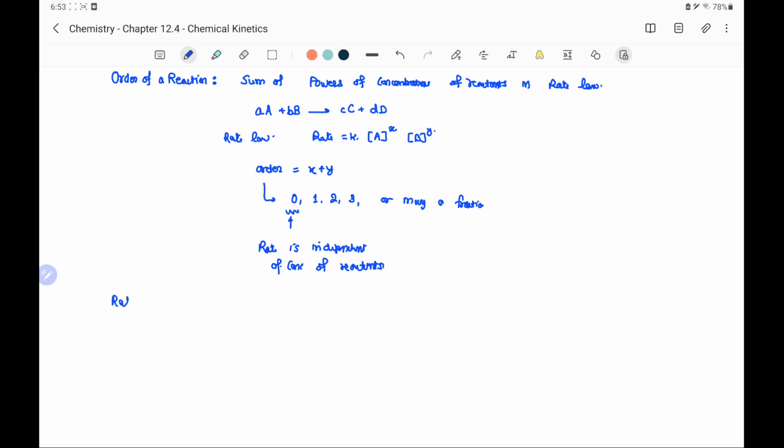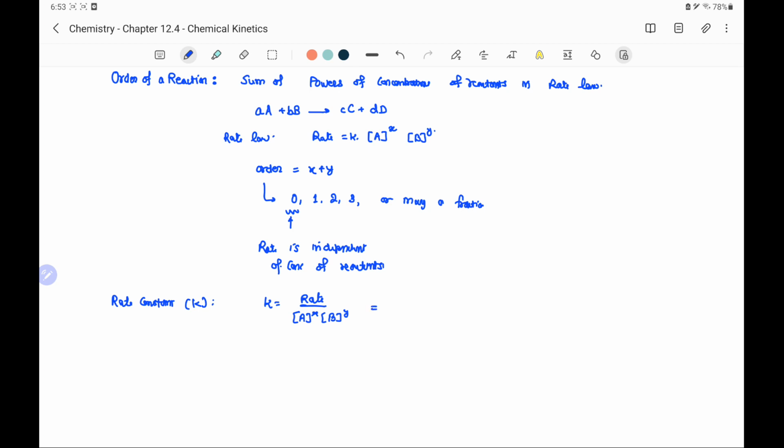We have taken the rate constant k, and k is equal to the rate divided by the concentration of A raised to the power x and concentration of B raised to the power y for the given chemical equation.